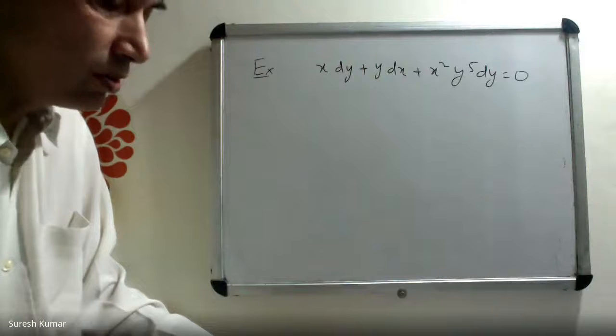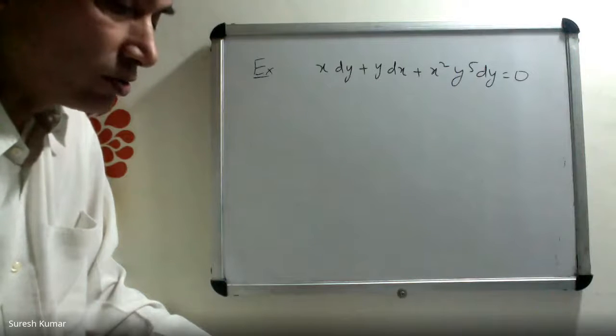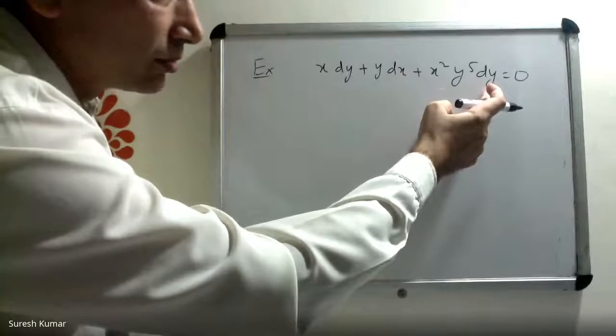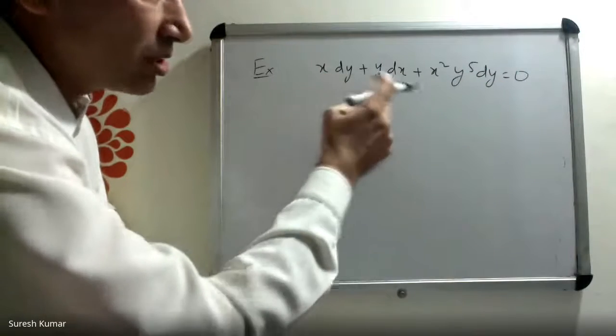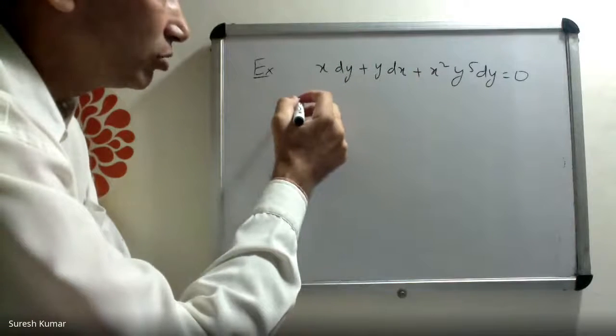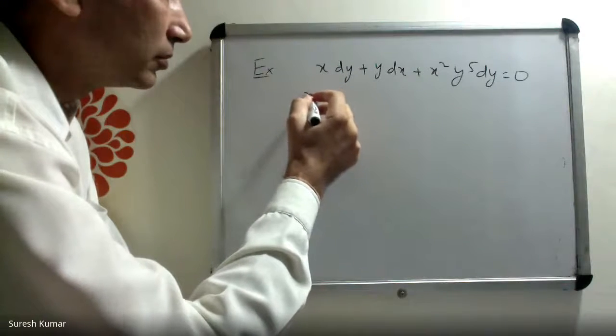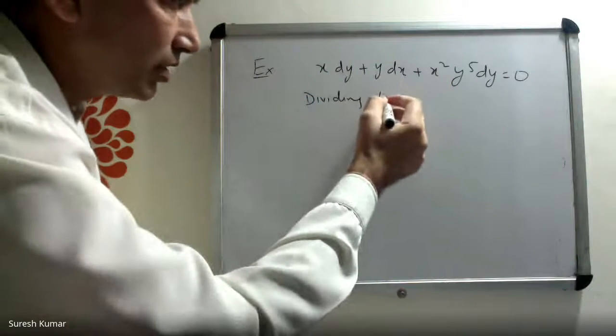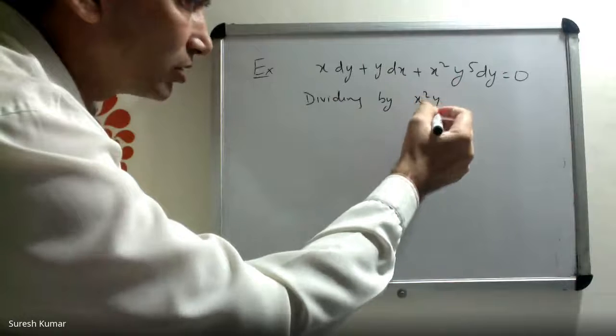It's a similar problem. x square, y square. 1 over x square y square. Yes, sir. 1 upon x square y square. Because you don't want to see x square here, it's dy. And these two terms are symmetric. x dy, y dx. So divide throughout by x square y square.